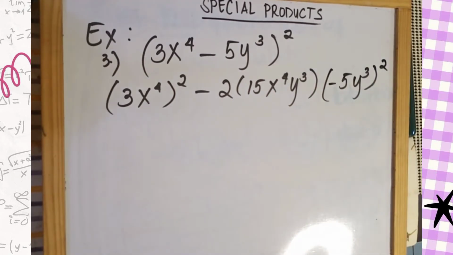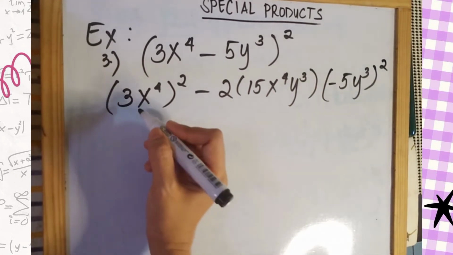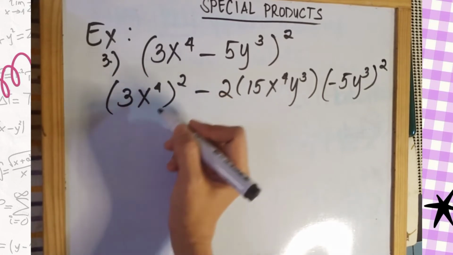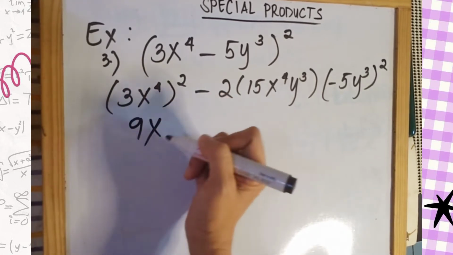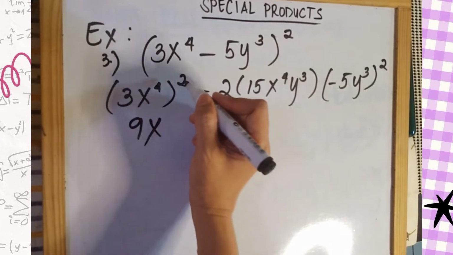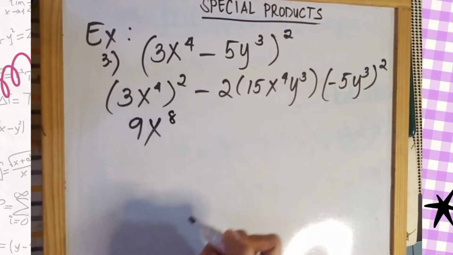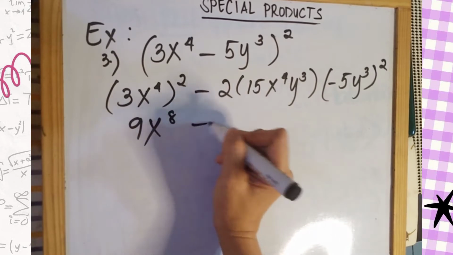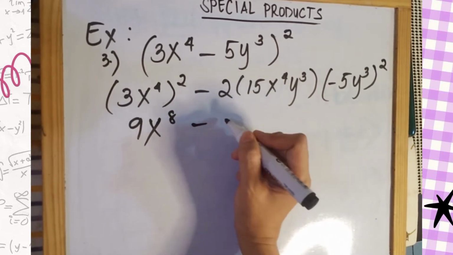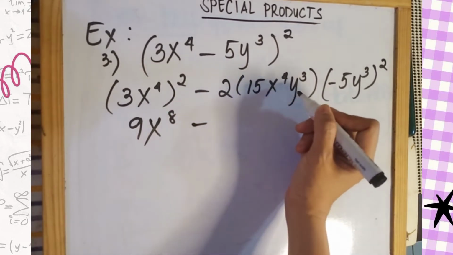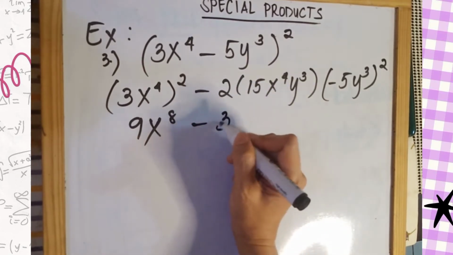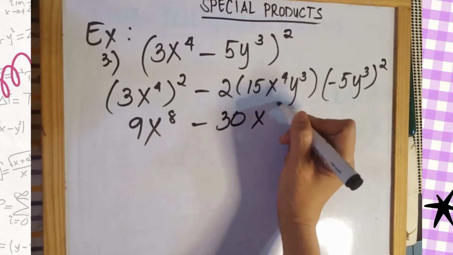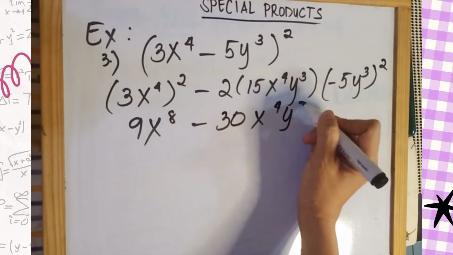Okay, so let's now simplify our answer. 3x to the fourth squared, so that is 3 times 3 is 9, x to the 4 times 2 is 8. And then minus 2 times 15 x to the fourth y cubed, so that will become negative 30 x to the fourth y cubed.